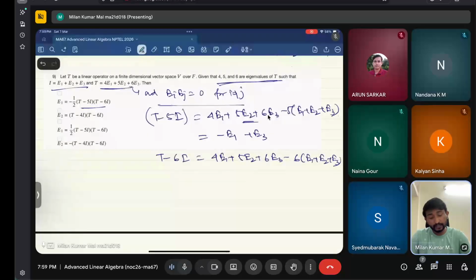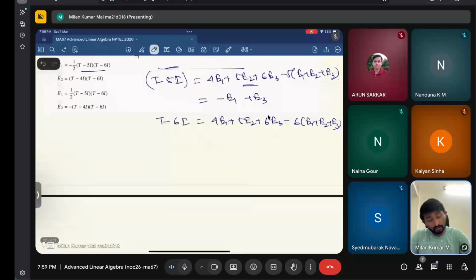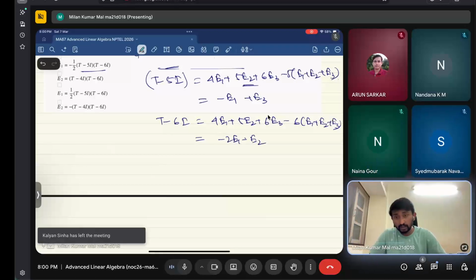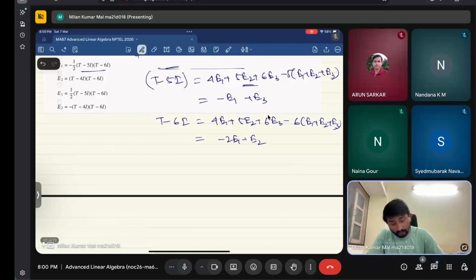So you don't need EiEj here, this is maybe not needed. You can calculate directly. So this will be equal to minus 2E1 minus E2, and then you need that one.